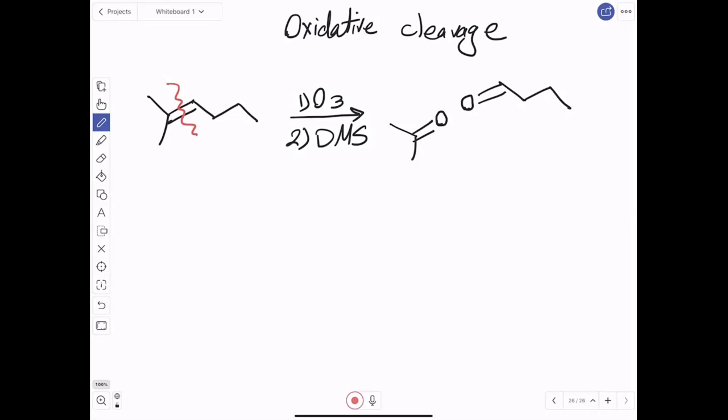It's very easy to predict the product of the reaction of alkene with ozone. Just break down the double bond in the middle and add 1 oxygen to each end. Question?